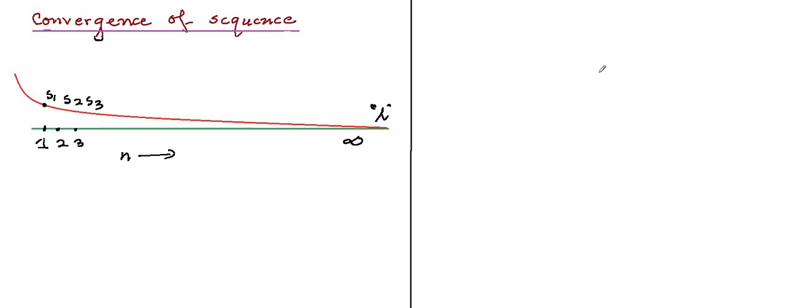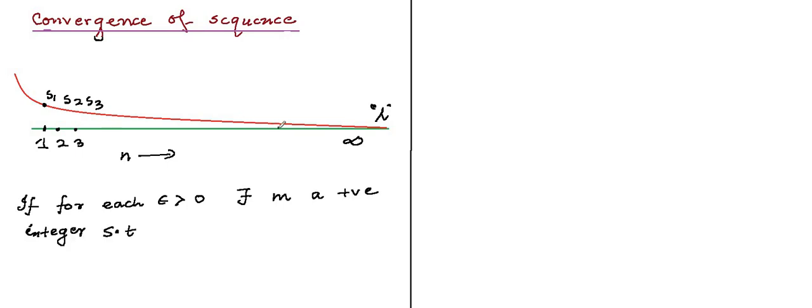Now the definition of convergence of a sequence: Sn is said to be convergent to a real number L if for each epsilon greater than 0, we'll be discussing what epsilon is, there exists m, a positive integer, such that, suppose this is the particular value m, the distance between all the points lying after m and L is less than the epsilon that we have considered.